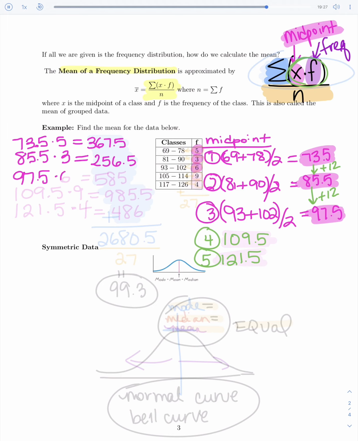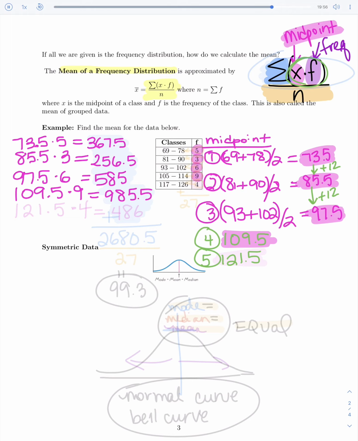97.5 times 6. So 97.5 times 6 is going to give us 585, even, no decimal here. Next one is the 109.5 and the 9. So 109.5 times 9, which is 985.5.